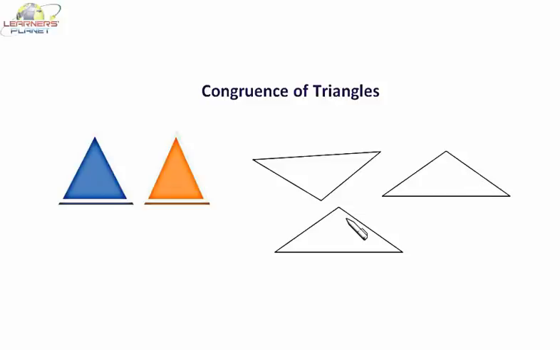These triangles will be congruent to each other if they fulfill certain conditions, because in every case we cannot superpose one triangle on the other. Since they are just figures over here, we cannot superpose this triangle on this unless we cut the triangles on paper and put one shape on the other. So there should be various other methods to prove the congruency of two triangles. Let's discuss them one by one.